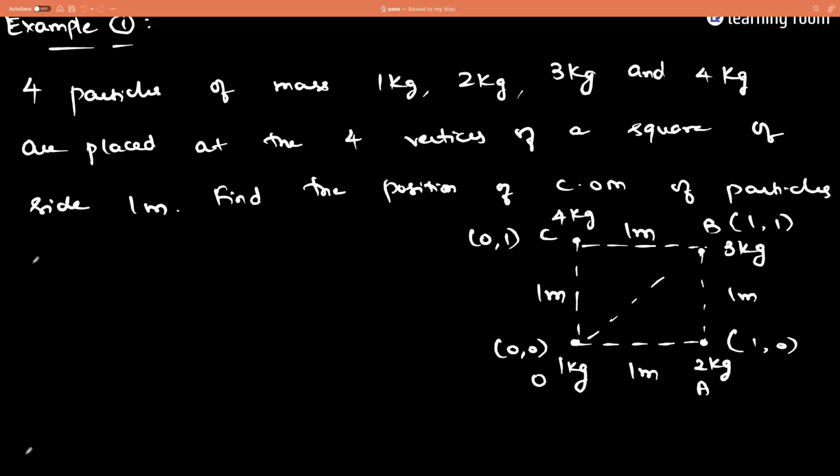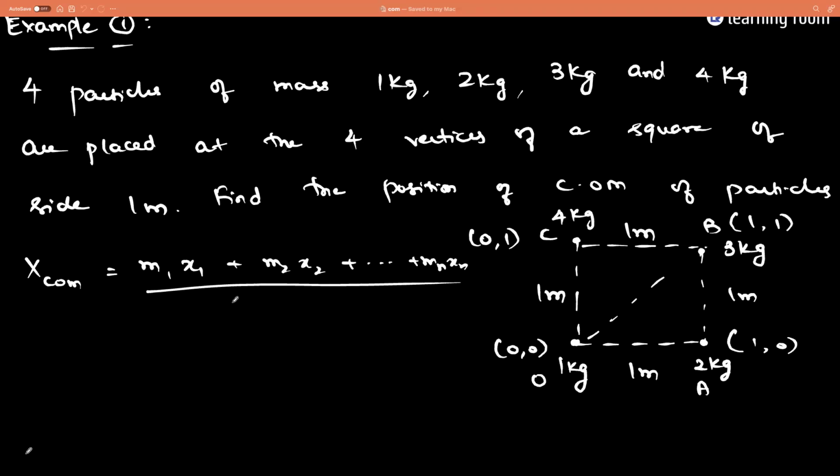Now, if the x coordinate of center of mass is to be calculated, the formula is m1x1 plus m2x2 plus so on till mnxn, the whole divided by m1 plus m2 plus so on till mn.